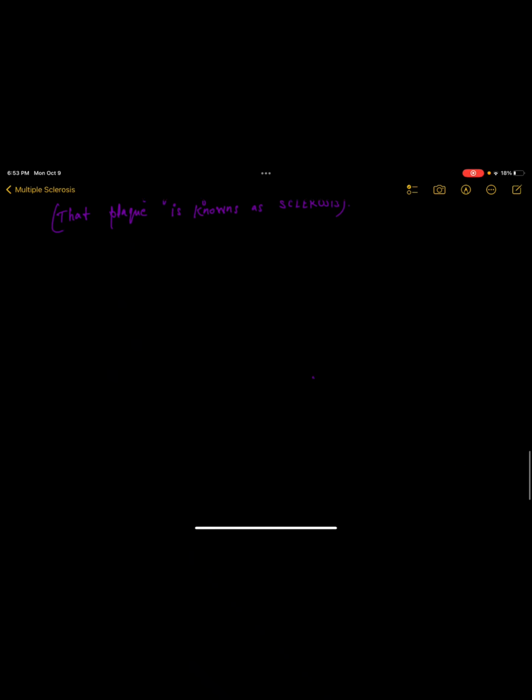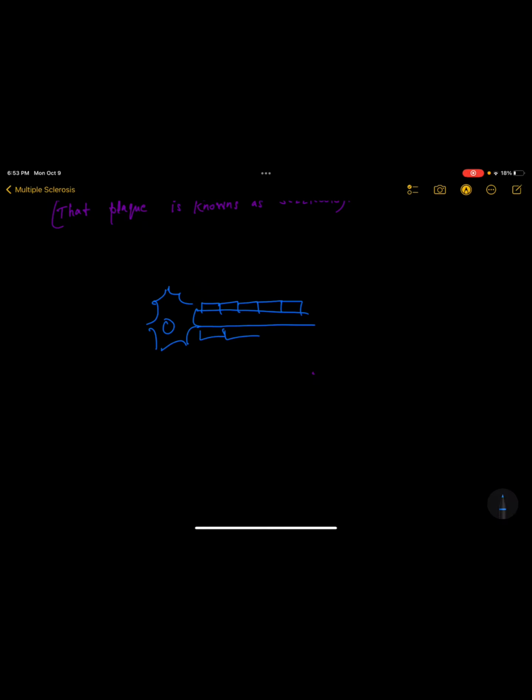So let me draw a diagram of an axon. This is a neuron, and this is the axon, and this is the myelin sheath. These are the axon terminals.